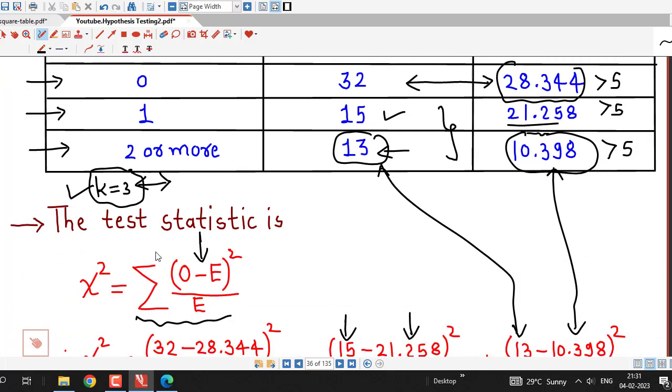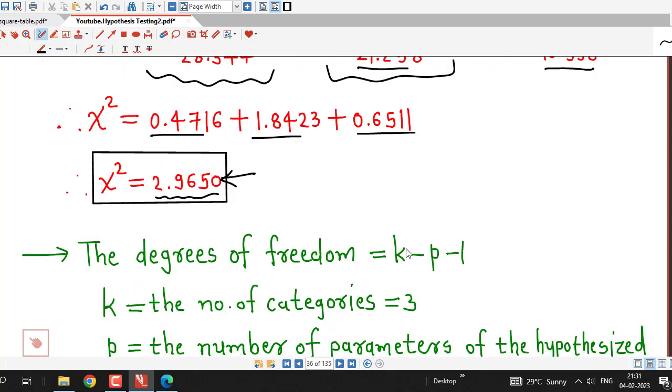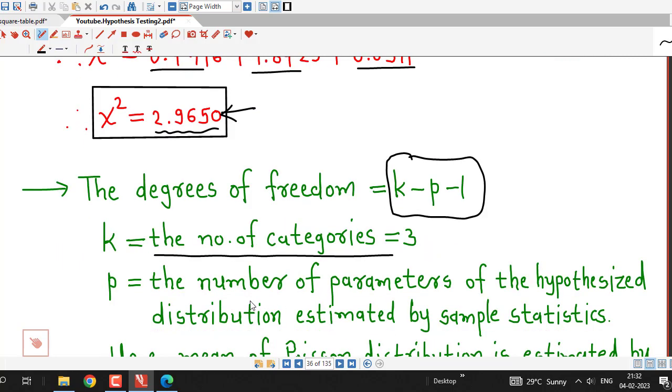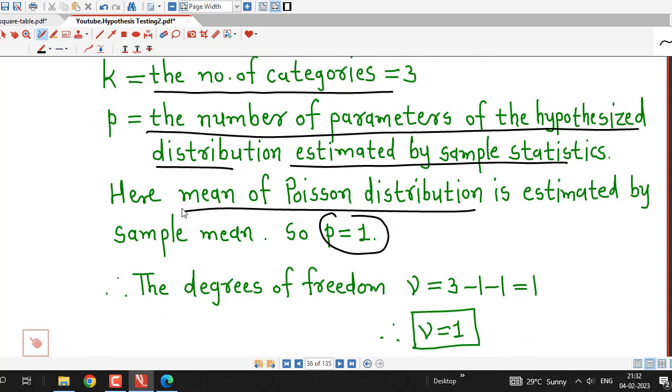After that we find the value of the test statistic using this formula. Now we have observed frequencies and expected frequencies, so we can easily calculate this sum. Once we calculate this value, we find the degrees of freedom using the formula k minus p minus 1, where k is the number of categories and small p is the number of parameters of the hypothesized distribution estimated by sample statistics. Here we have estimated the mean of the Poisson distribution using the sample mean, therefore small p was 1.